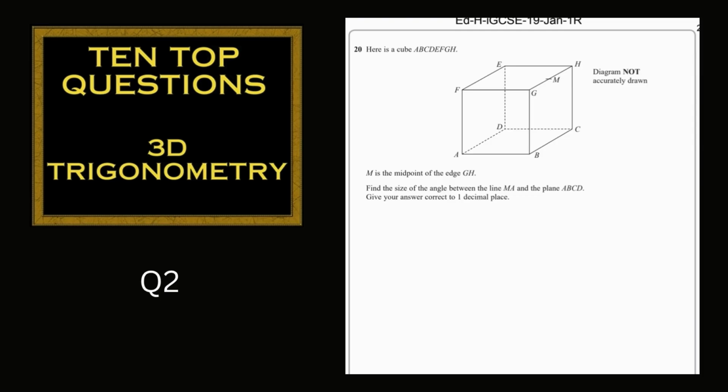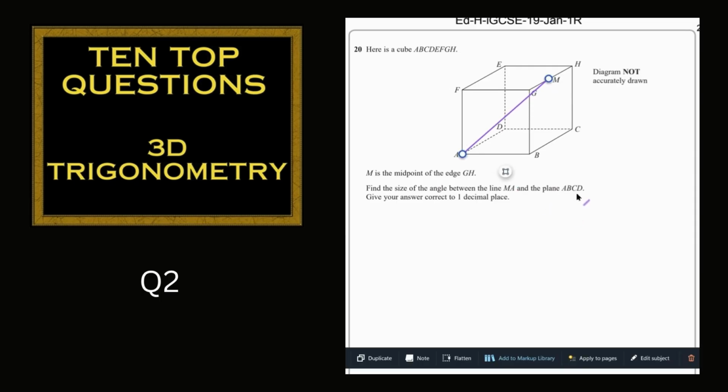In other words, x. But like all these questions, first thing to do is have a look at where you are looking. Where's that triangle that we're trying to find? Find the size of the angle between MA, get them joined up, and the plane ABCD. So again, that's the floor. Think of yourself as looking from above, shining a torch down.